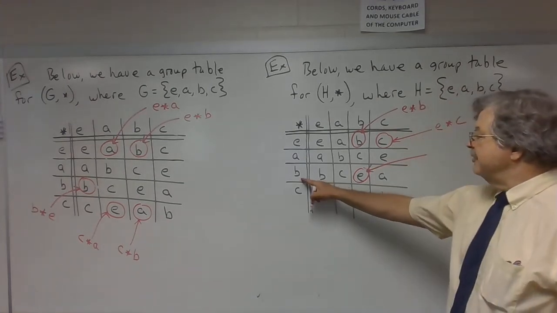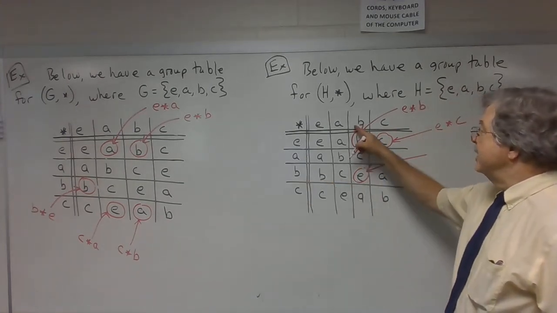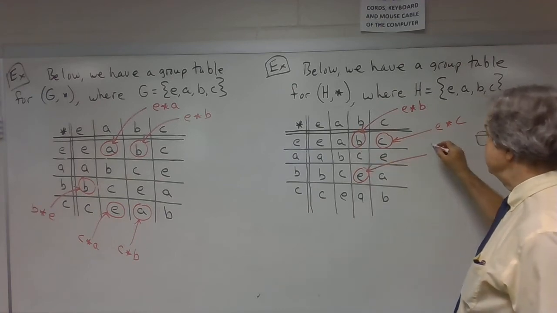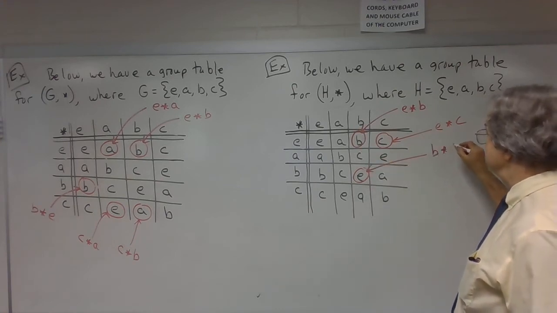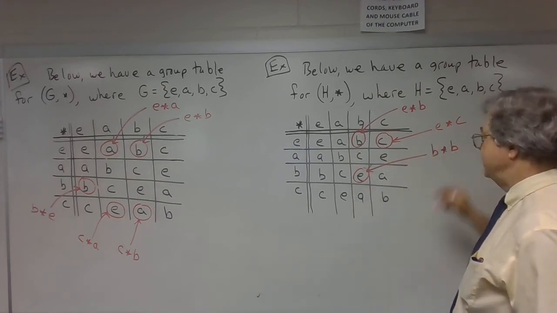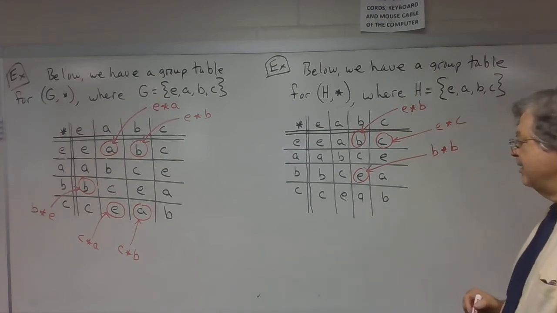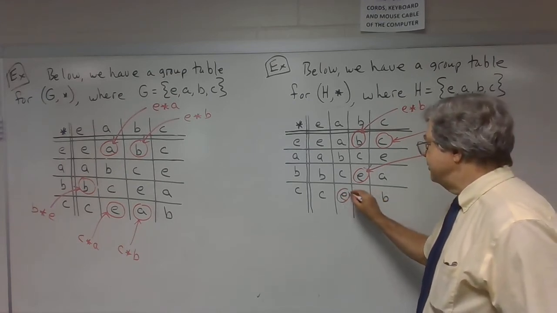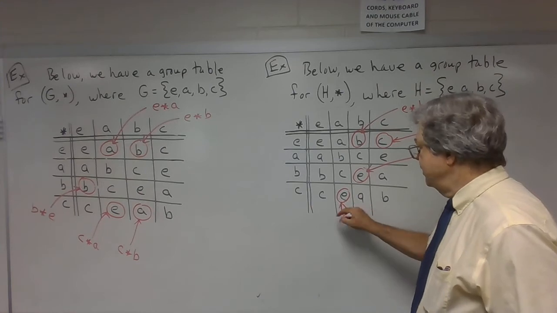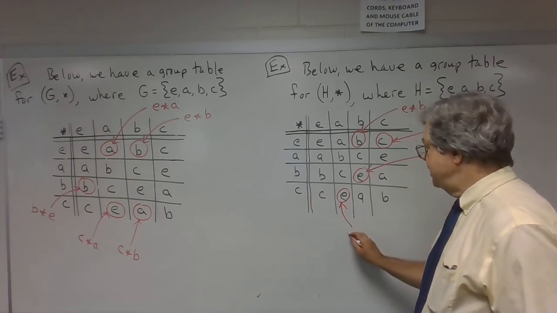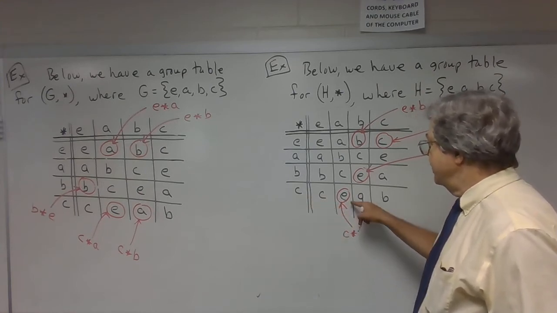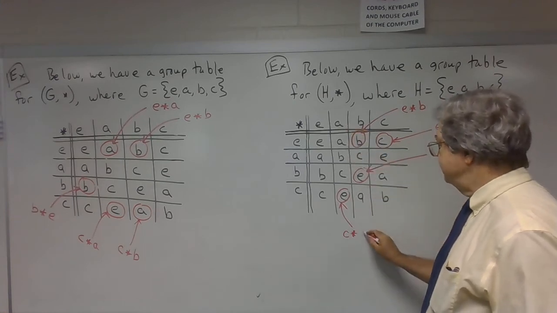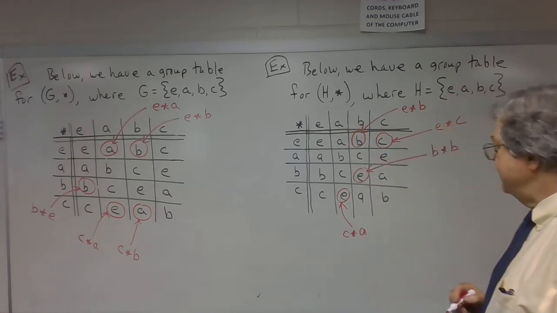This element is in the row headed by B and in the column headed by B. So it's the element that's assigned to B star B. This element is in the row headed by C and the column headed by A, so this is C star A.